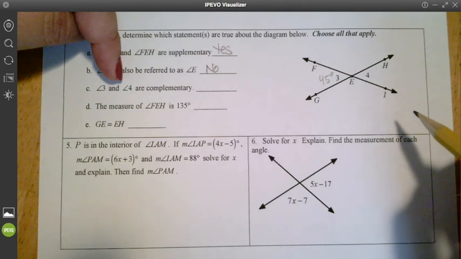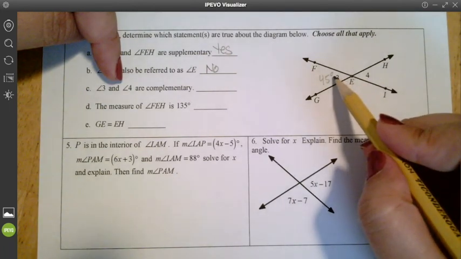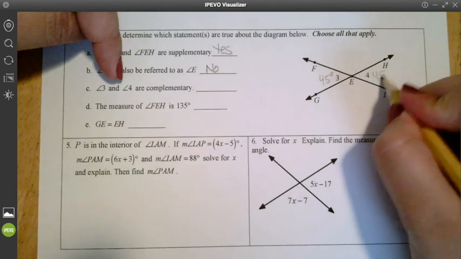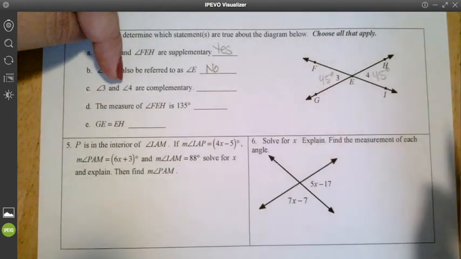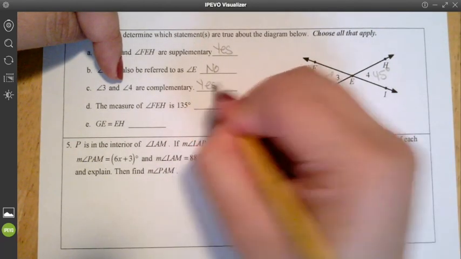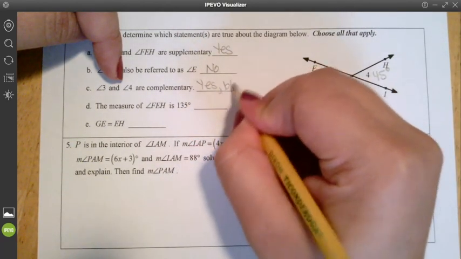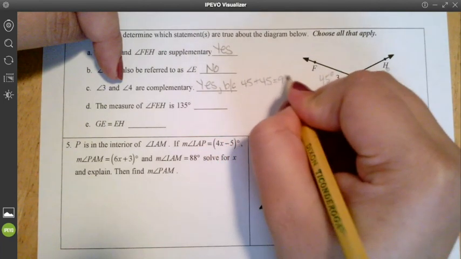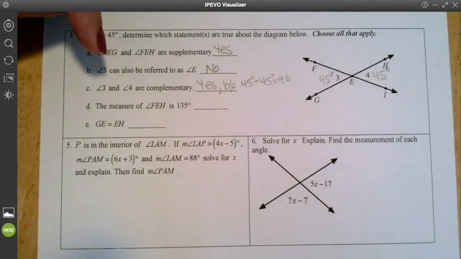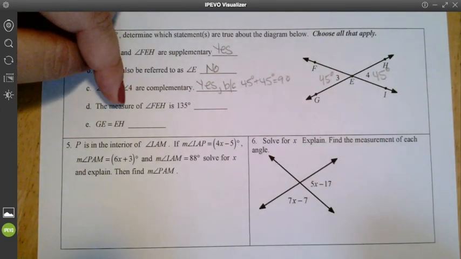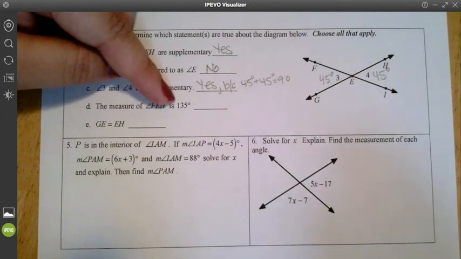Angle 3 and 4 are complementary. This one is a little difficult because our immediate instinct is to say, well, no, those are vertical angles, so they're congruent, but 45 and 45 together does make 90. So this is yes, because 45 and 45 is 90, not because they're vertical. The measurement of FEH is 135.